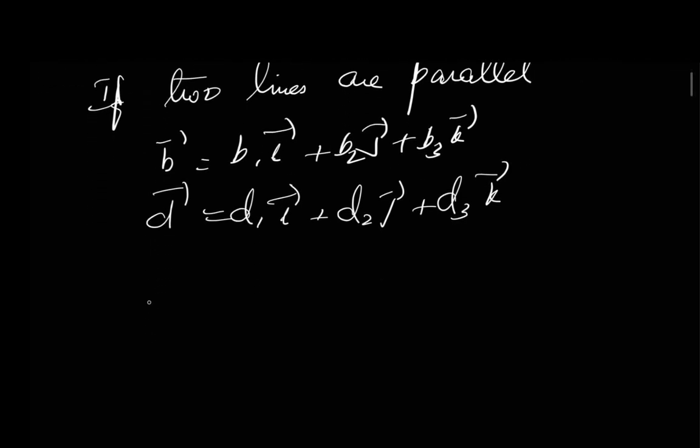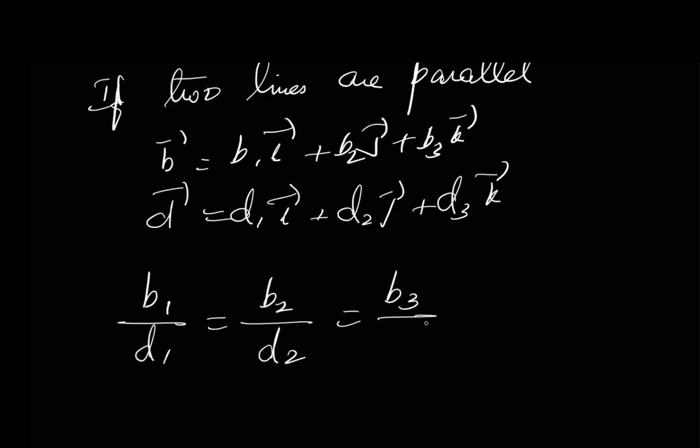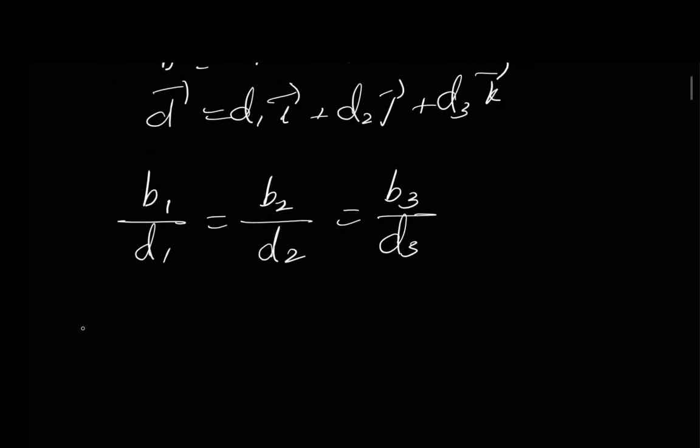You take the ratios b1 by d1 equals b2 by d2 equals b3 by d3. The ratios will be equal if the two lines are parallel.